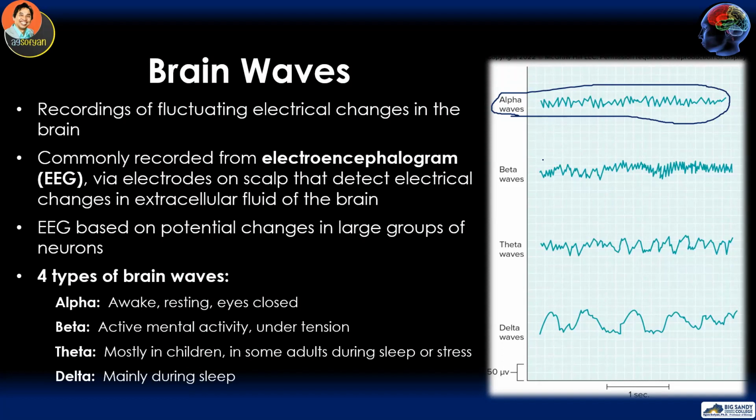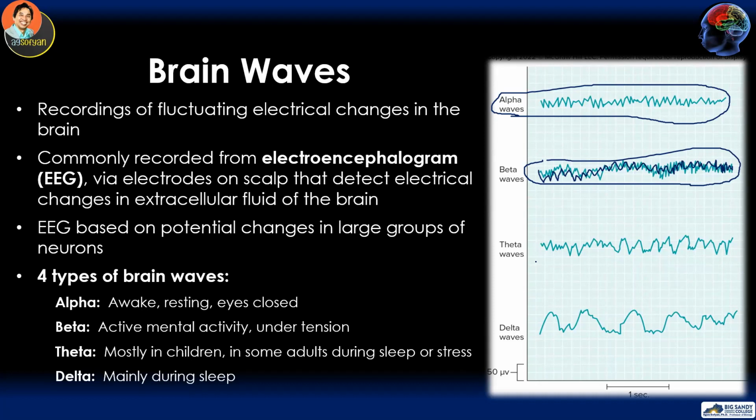And then the beta wave actually measures the mental activity. So it's going to be noisier compared to the alpha waves. This shows us that our brain is working very hard over here. So this is mental activity of the brain.